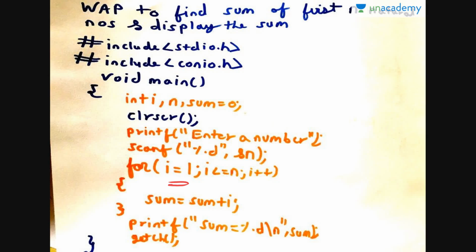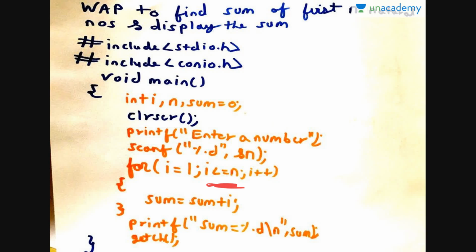For i = 1, that's the initialization, i less than or equal to n, that's the n input by the user, and i++, that's the increment. Now for the sum, we put sum = sum + i. So what will happen is i will go on increasing by 1 till the condition is achieved, till n, and whatever it is will be stored in sum.